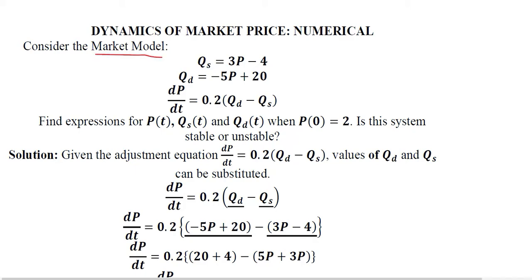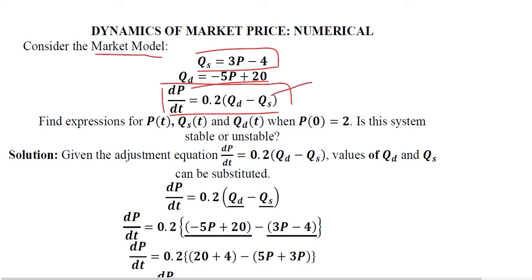there is a market model, there is a supply curve and there is a demand curve. They are there with their standard notations and symbols. And then a third equation is given, which is dp over dt, that is the rate of change of price over time.